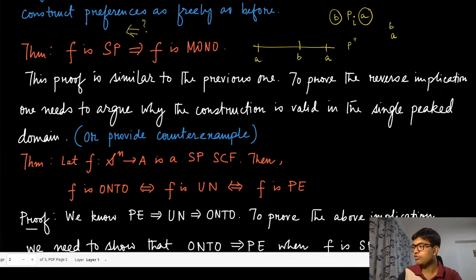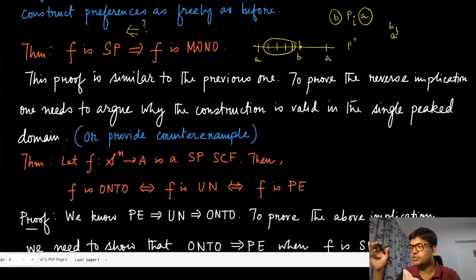So you will also have to take care of all the intermediate alternatives which are lying between A and B, and therefore we cannot just pick B and A right after each other, because then you will also have to argue what happens to these alternatives here, because in a single-peaked preference, they will certainly be between A and B, and we'll have to argue that.